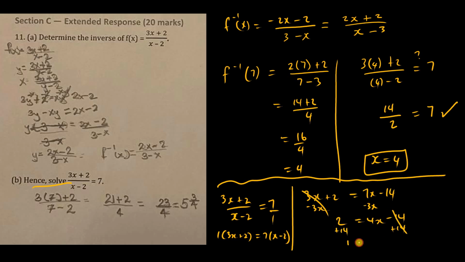That will give me 16 equals 4x. Dividing both sides by 4, I get x equals 4. So this is also not correct in terms of the approach. This wouldn't be correct in terms of the approach.